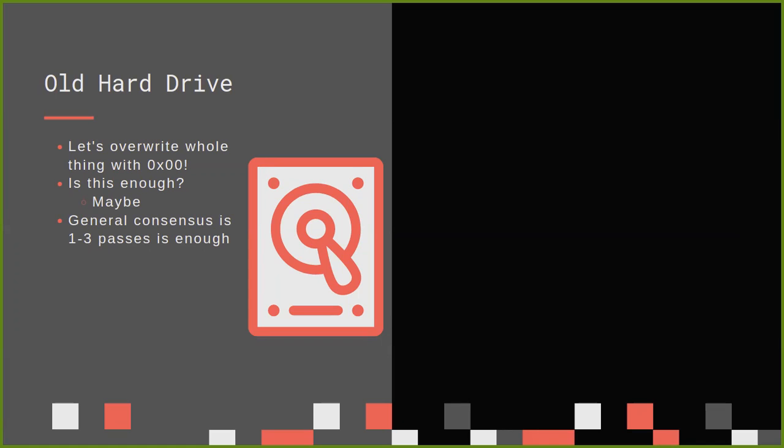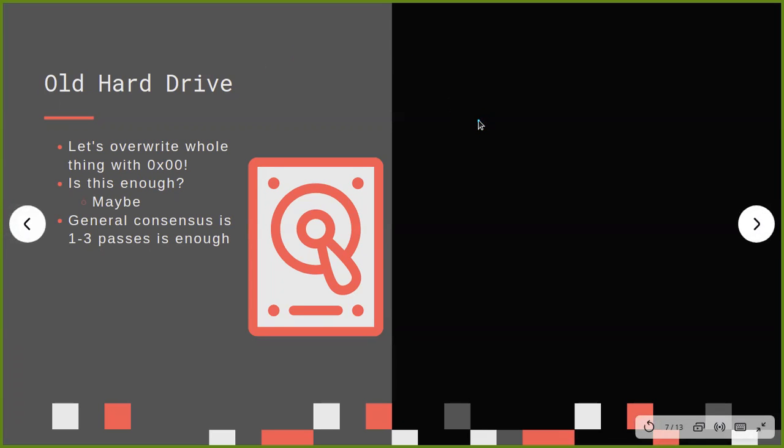It was first proposed by the Department of Defense, but since then they've retracted, and now they're just kind of like, you do your own thing, guys. But 1 to 3 is generally the consensus. There have been some other bigger numbers, but that was for older technology where it was much harder to actually overwrite the data. Most modern drives, overwriting it once is probably enough.